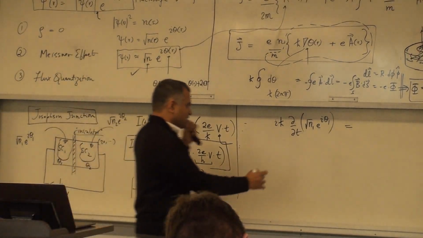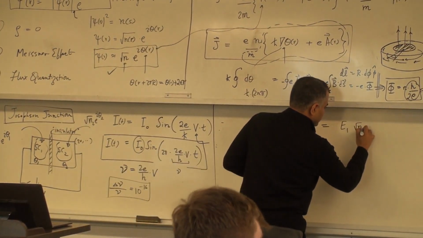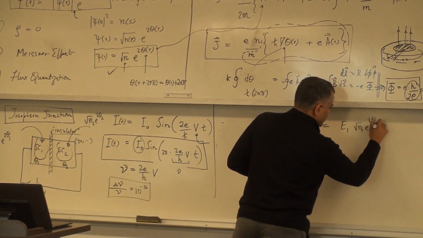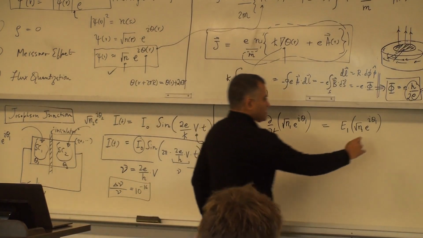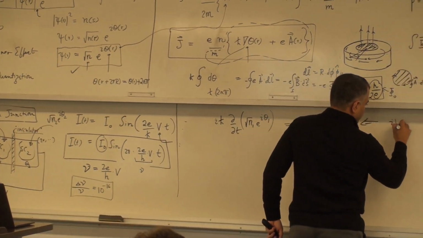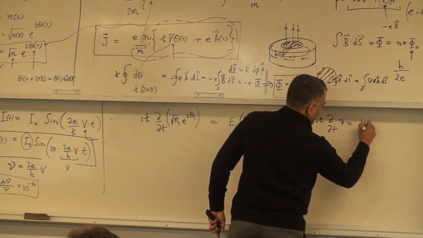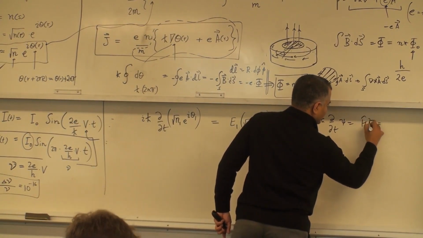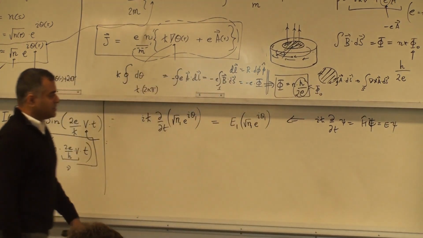So let's just write it as E1 for now, for argument's sake, times the wave function. Right. Does that make sense? It's just the time-dependent Schrodinger equation, and we haven't done anything fancy at this point. So H psi, but we are saying it's in an eigenstate, so it's E psi. That's what we are saying at this point.